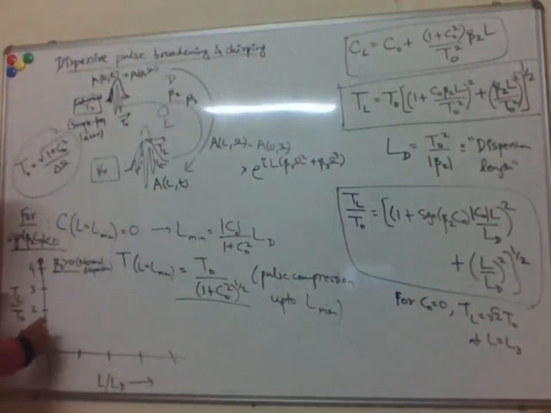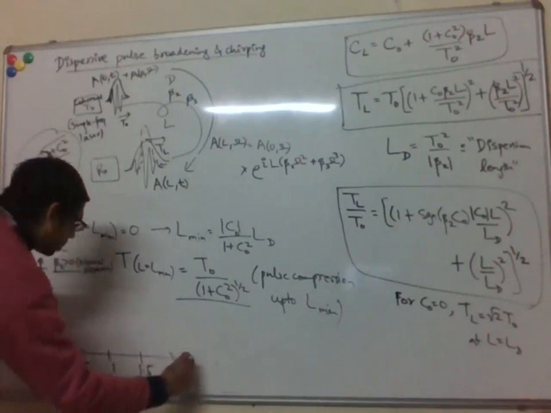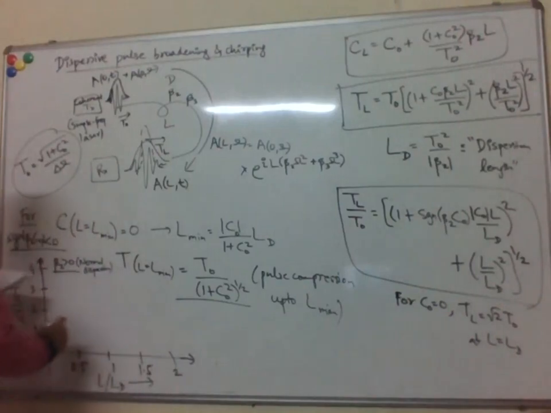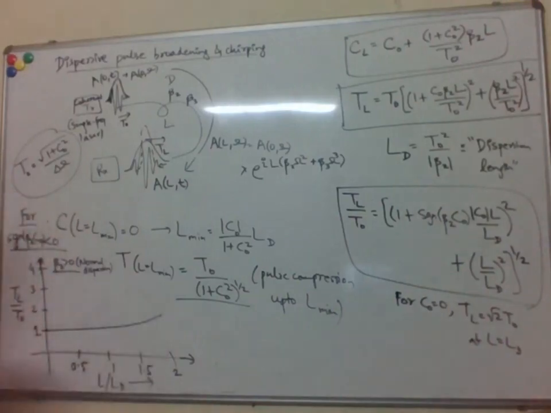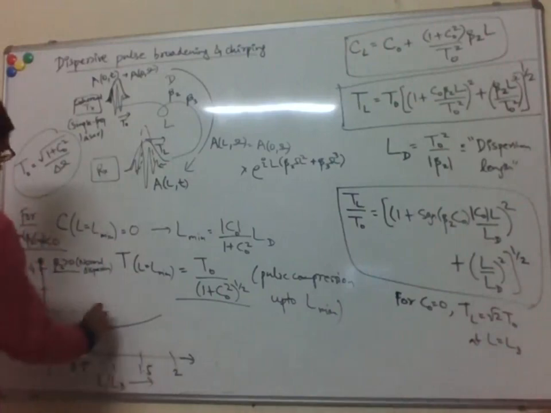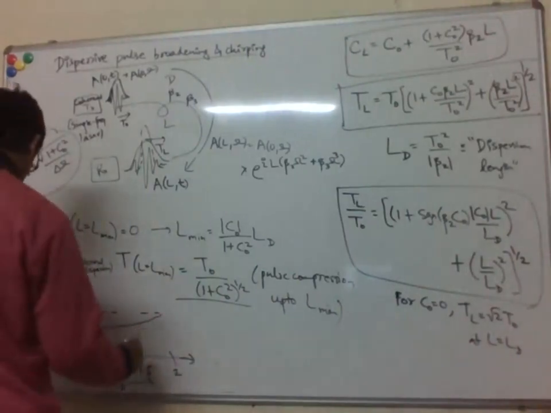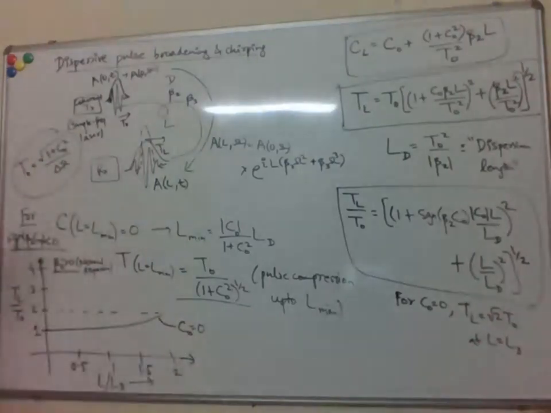That goes something like this, some numbers here. This goes up to 2 at very little speed. So this is the unchirped pulse, and again it starts broadening from the beginning.